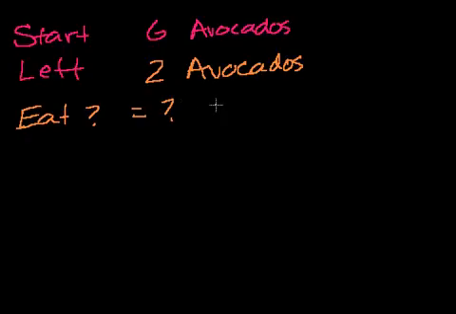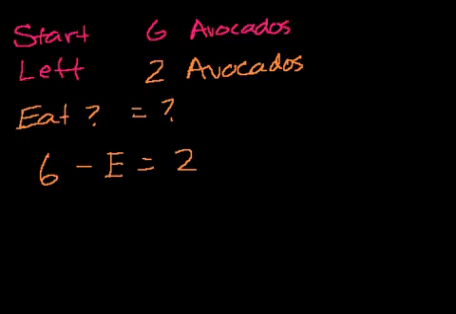How many did they eat? Well, there's a couple of ways to think about it. You could say 6 avocados minus the amount of avocados eaten is equal to 2. So the way you have to think about it is 6 minus what is equal to 2, right?